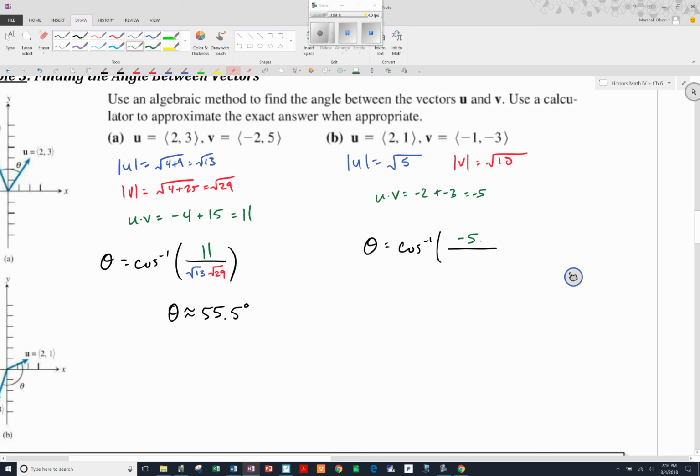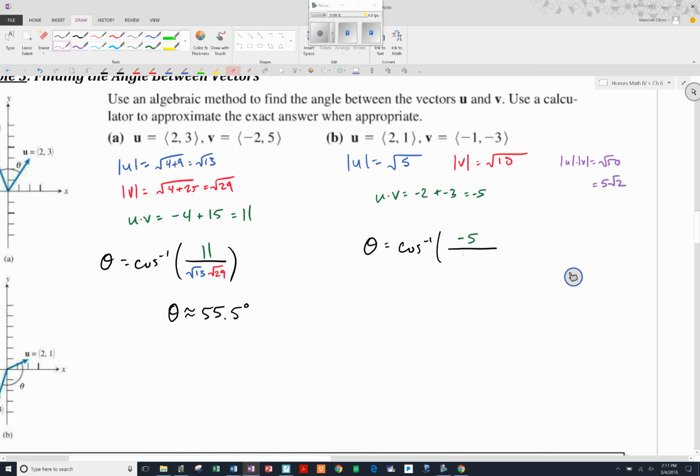So we have the square root of 5 times the square root of 10, which we know is going to be the square root of 50. Let me just write here that those magnitudes multiplied together are going to be the square root of 50, because I know I can simplify that. That's going to be 25 times 2, so 5 square roots of 2.